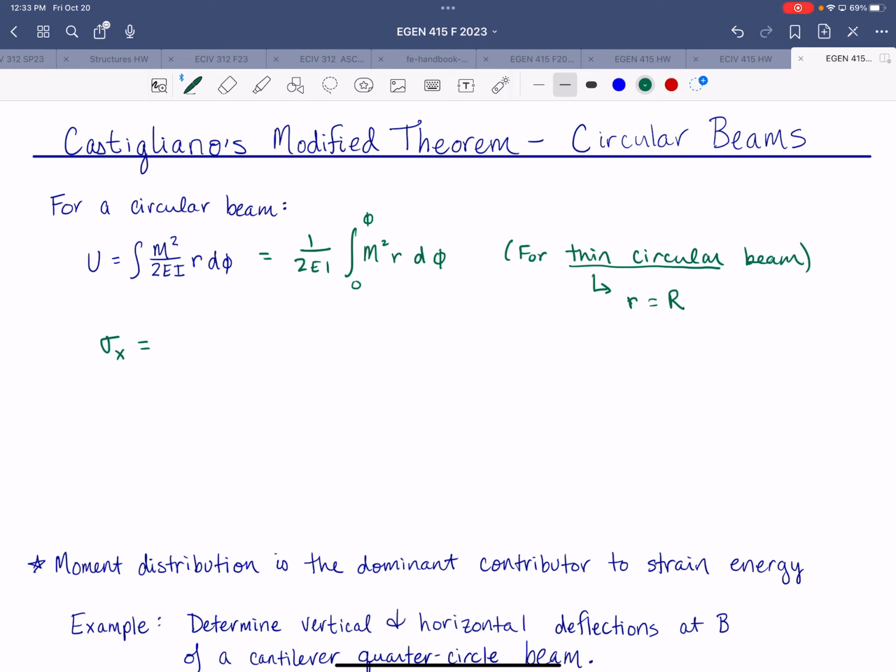So applying that, we'd have our normal stress in x equal to M times y over A, lowercase e, capital R. We're going to set that equal to My over I, so that the product of A, lowercase e, and R is equal to I, or in other words, lowercase e is equal to I over AR.